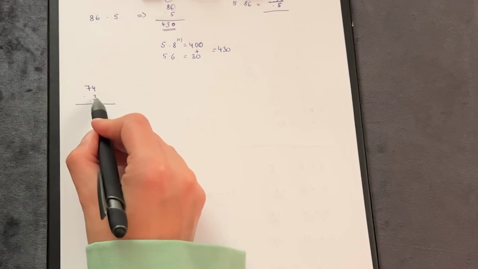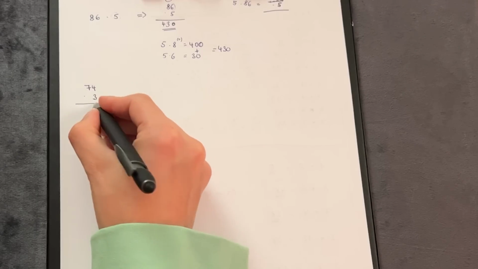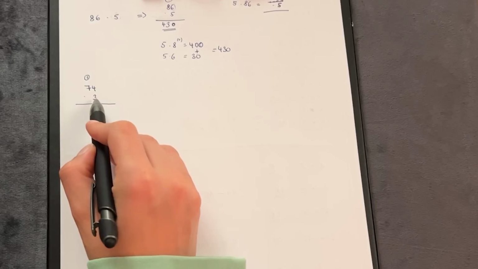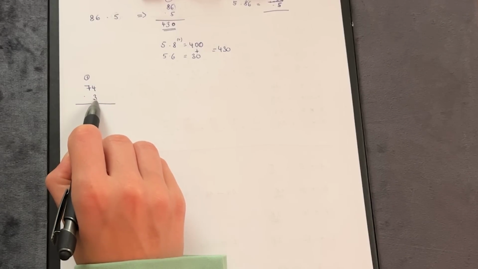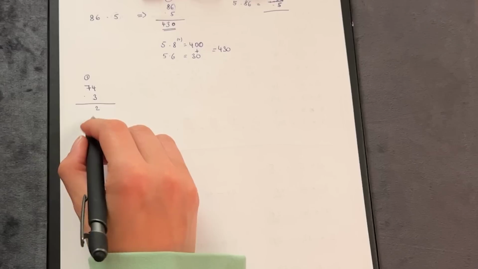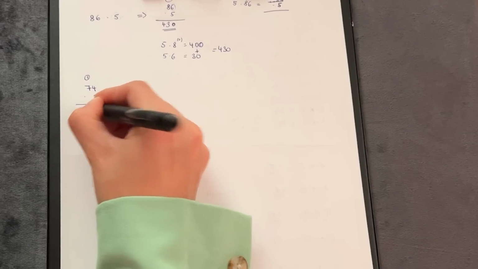So we have 3 times 4, 12. We carry the number 1, and then we have 3 times 7, which is 21. 21 plus 1 is 22.